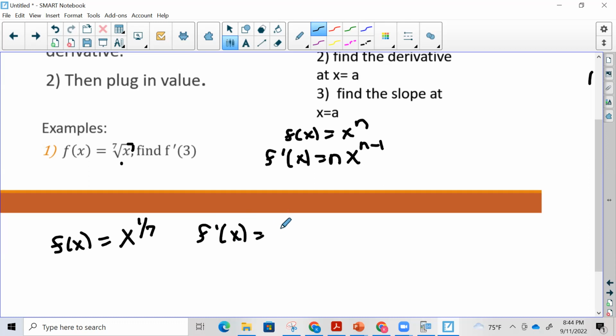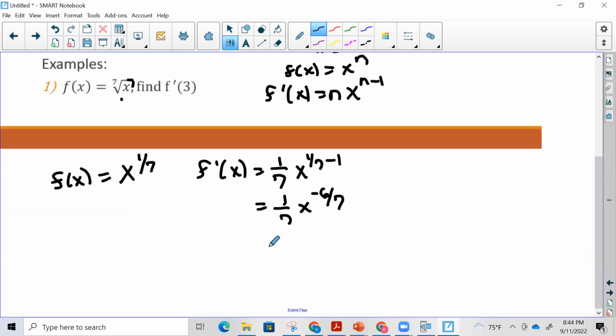So I bring 1/7 to the front. I have x, and then I subtract 1, so 1/7 minus 1. And so that gives me 1/7 x to the... 1 is 7/7. So if you subtract that, you get negative 6/7. And if you were asked to simplify, then we would have the 1 in the numerator, the 7 in the denominator, and then x to the negative 6/7.